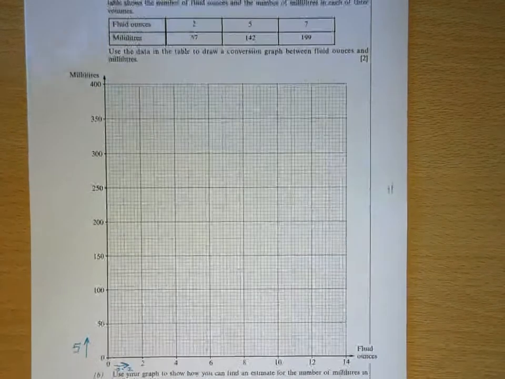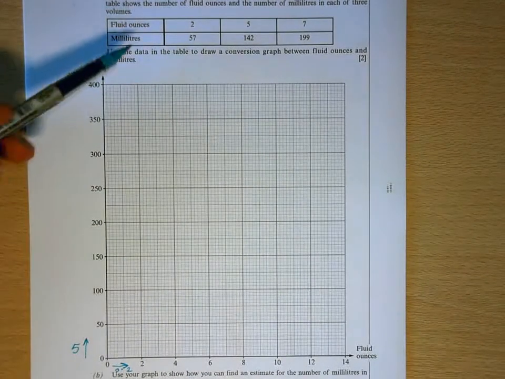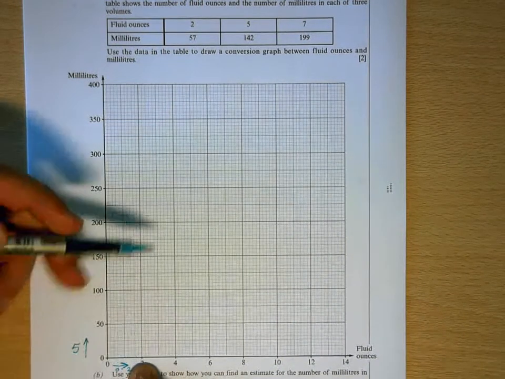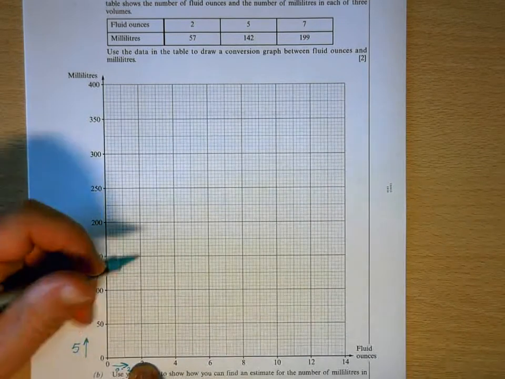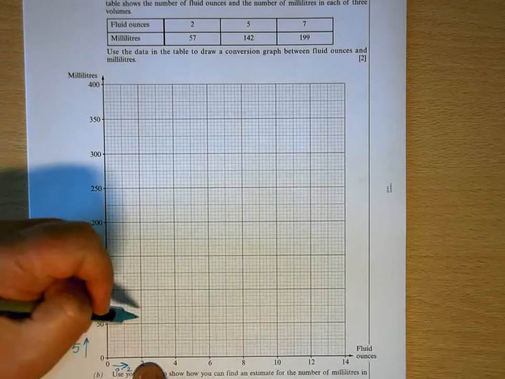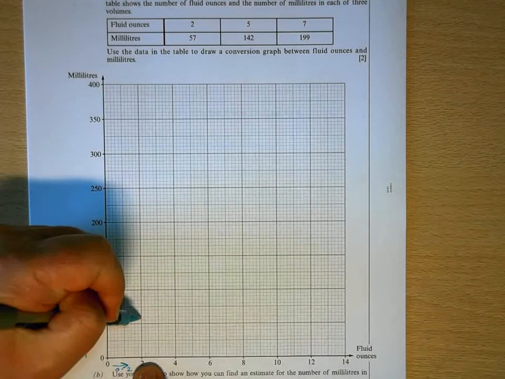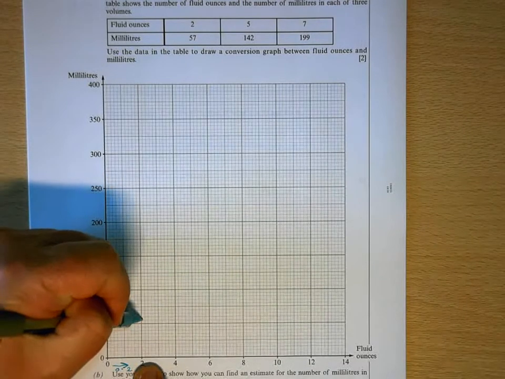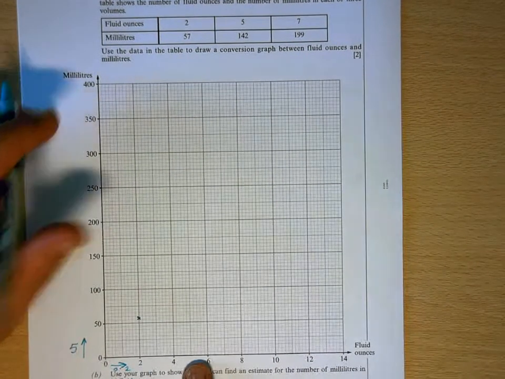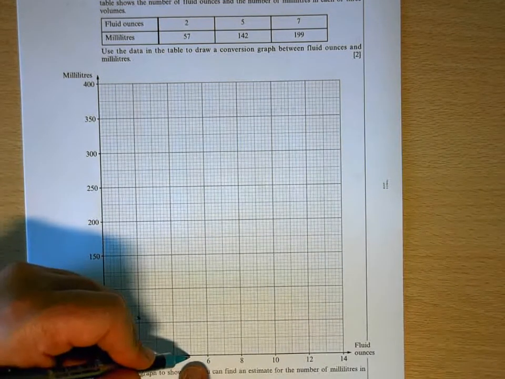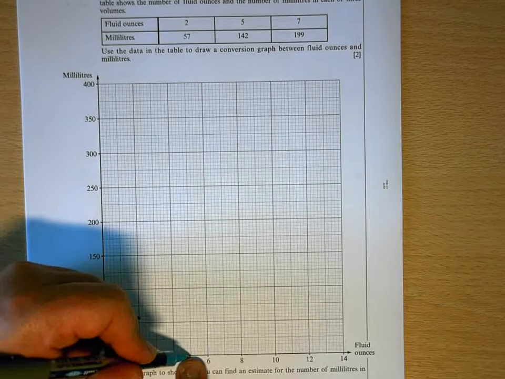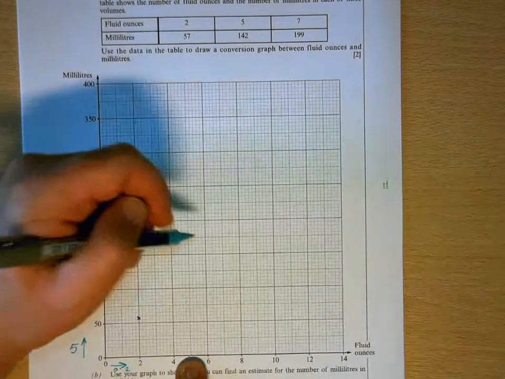So what we do with this is, first of all, we've got 2 fluid ounces, and that would convert to 57 milliliters. So 57 milliliters is going to be, there's 50, so that'll be 55, that'll be 60, so it would be somewhere between those 2 squares there. 5 fluid ounces is there, going up to 142 milliliters.